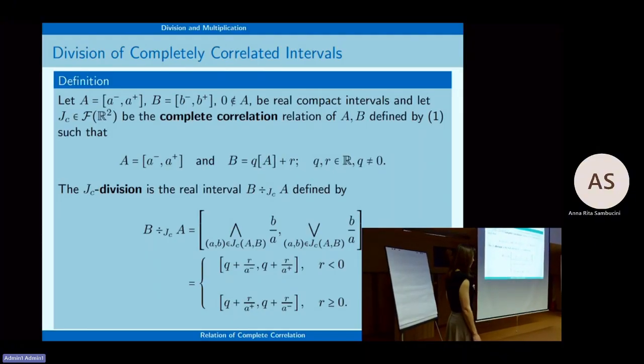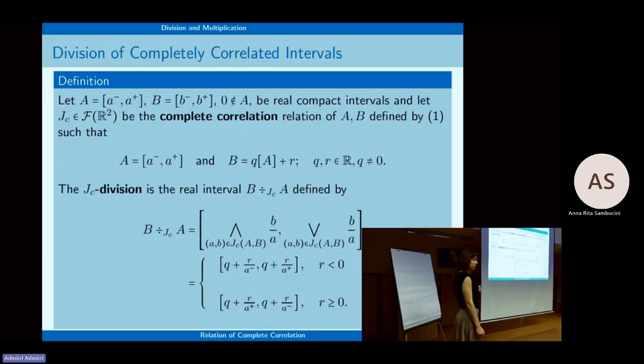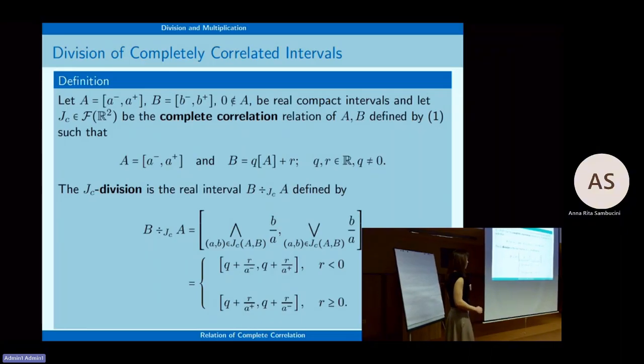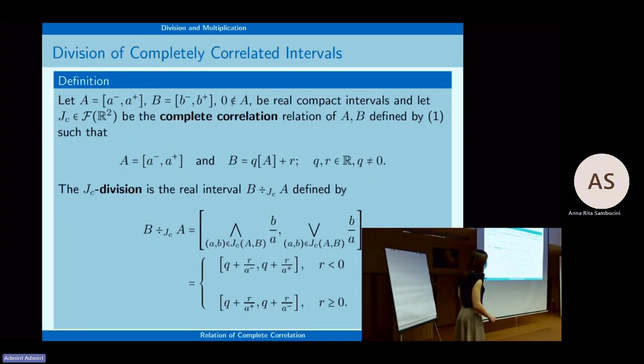And then we can define the division of these two intervals, which we call JC division, which is actually derived from the sup-J extension principle, and it results in two intervals which are dependent on these parameters Q and R.